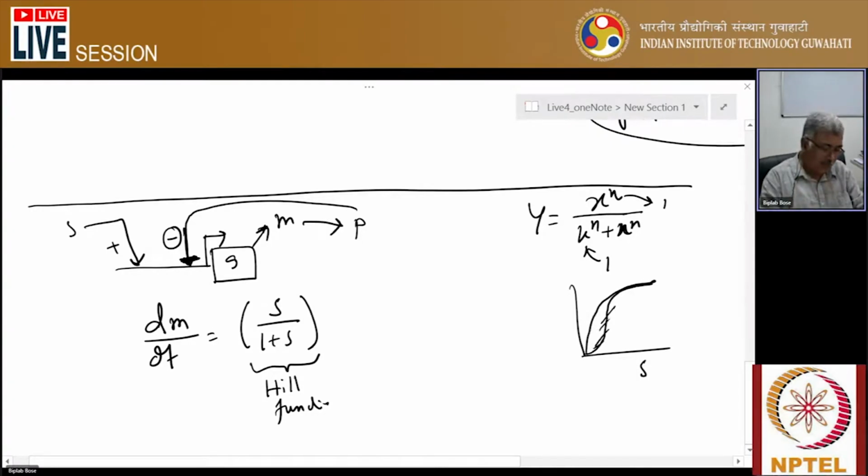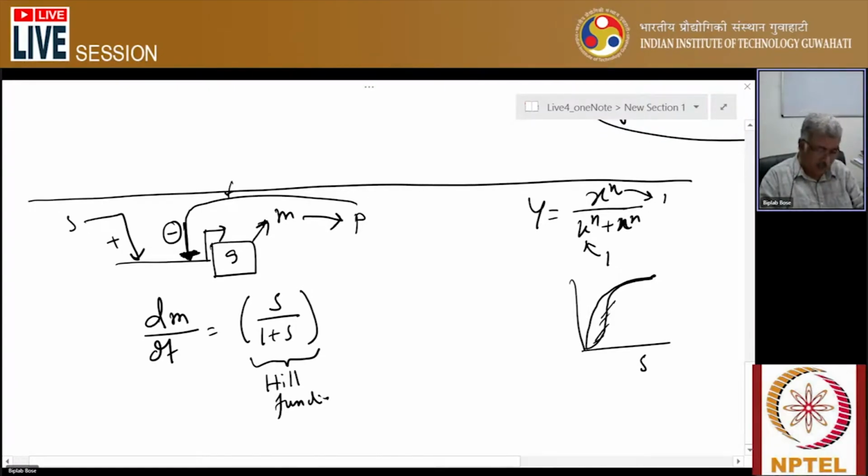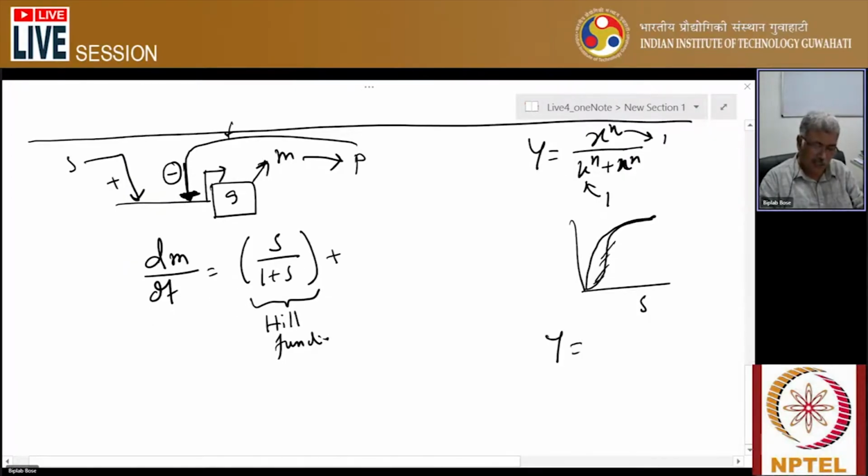Now comes the next part, inhibition. For that I have considered again a Hill function, but the inverse Hill function. What is the inverse Hill function? That will be k to the power n divided by k to the power n plus x to the power n.